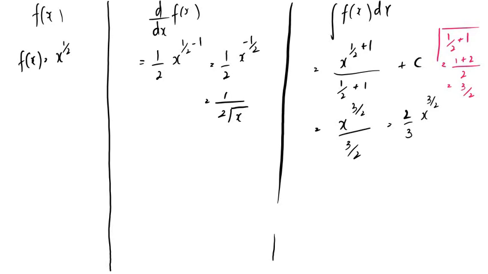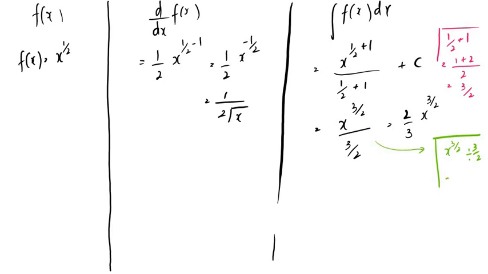You might wonder why this is 2 over 3. Let me use a different color to explain that. This means x to the power 3 over 2 divided by 3 over 2. Generally, when you convert division to multiplication, you switch this.